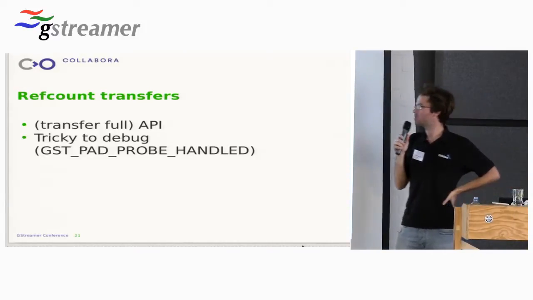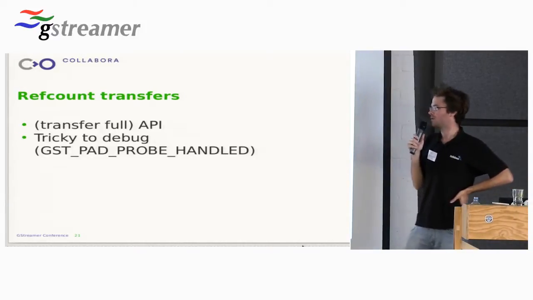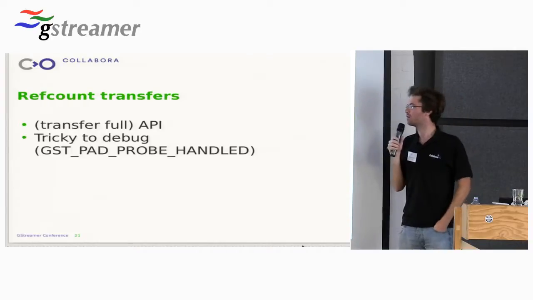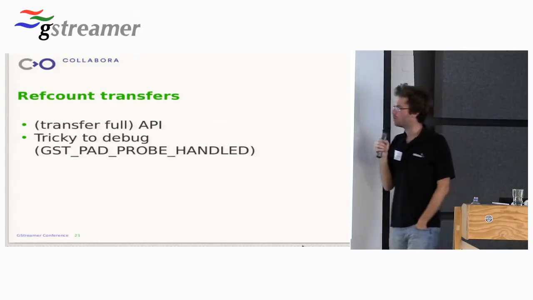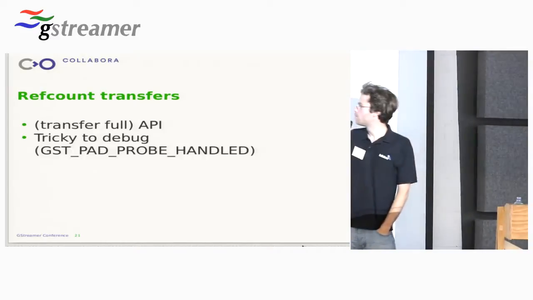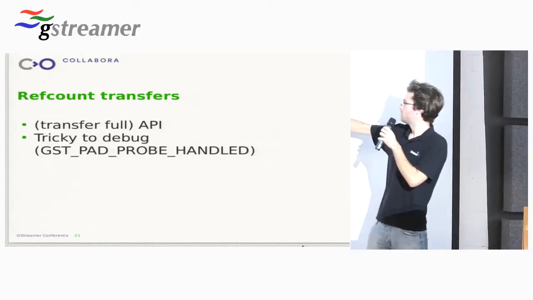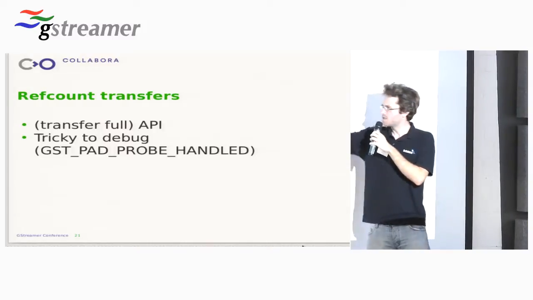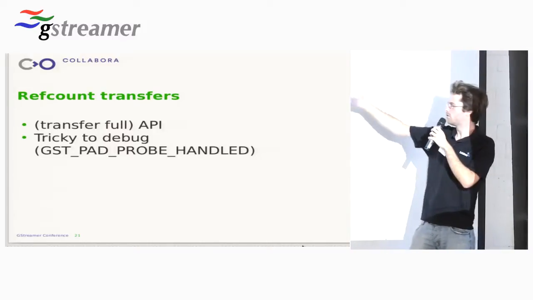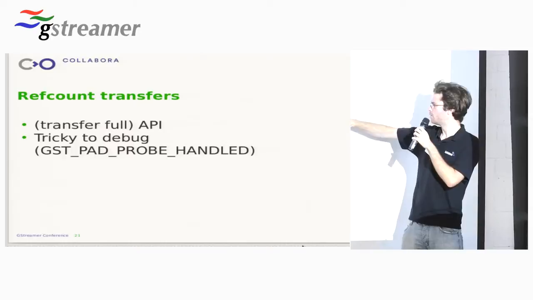And a few GStreamer APIs can be very tricky to debug when you're tracking ref counting. One of those is the probe code. So we have the GST_PAD_PROBE_HANDLED return code, which is exactly the same as another one. But the difference is this one is supposed to unref the object and the other ones are not.